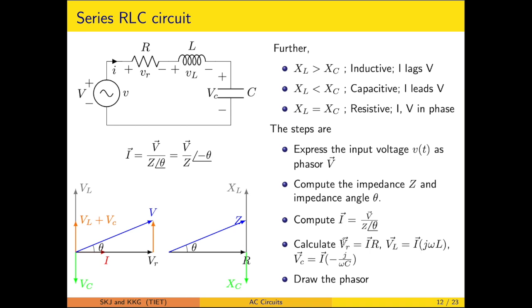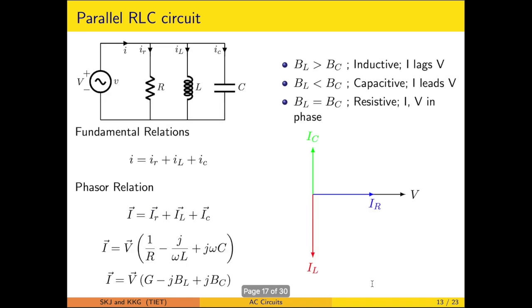Once the current is known, we can calculate the voltage across the resistance, the voltage across the inductor, which is I into j omega L, and the voltage across the capacitor, I multiplied by minus j upon omega C. Thereafter, we can draw the phasor diagram. The beauty of the phasor diagram is that it can be rotated by any arbitrary angle, but the purpose remains the same. It will remain the same phasor and convey the same meaning.